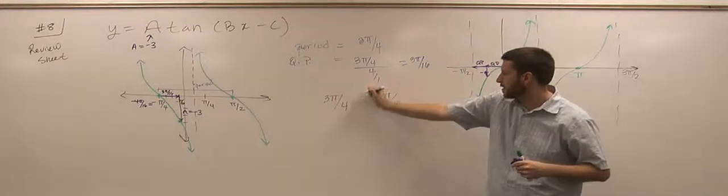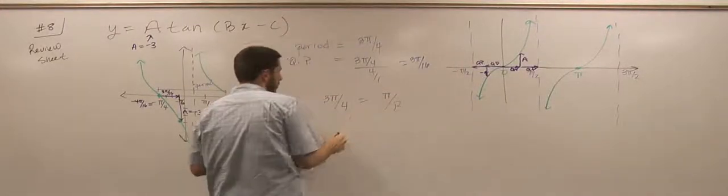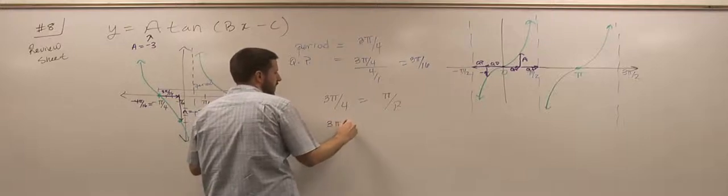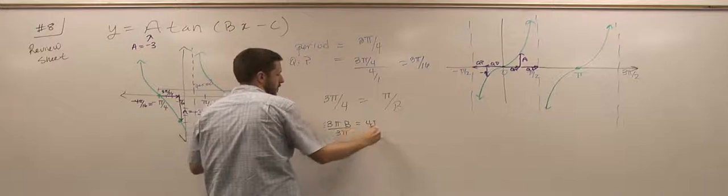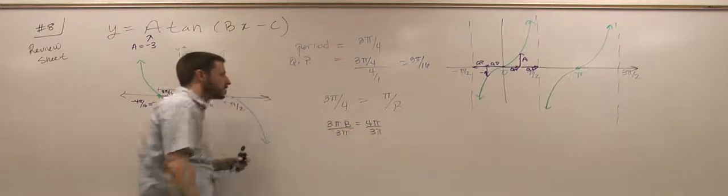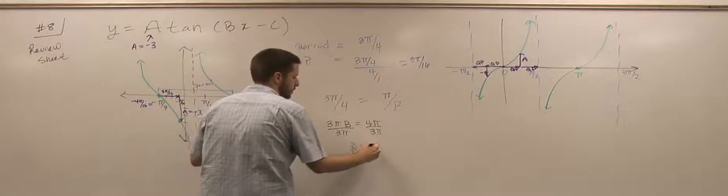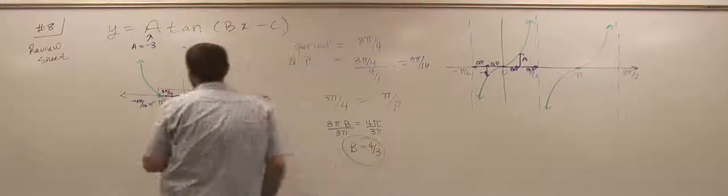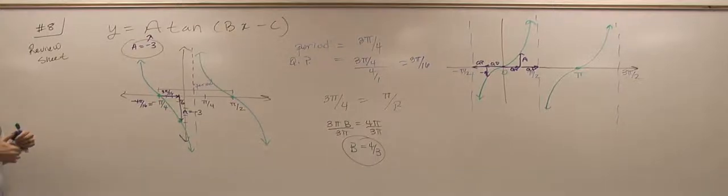This has to be pi over B. Thank you. If we multiply the B up and the 4 up, 3 pi B equals 4 pi. So B equals 4/3. So I've got A and B. The only thing left is C.